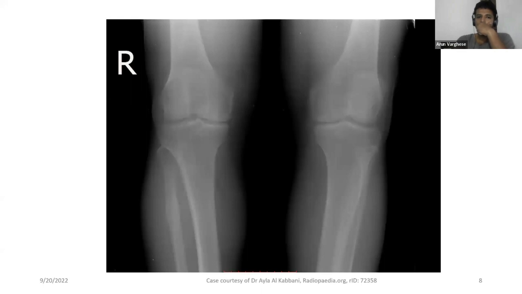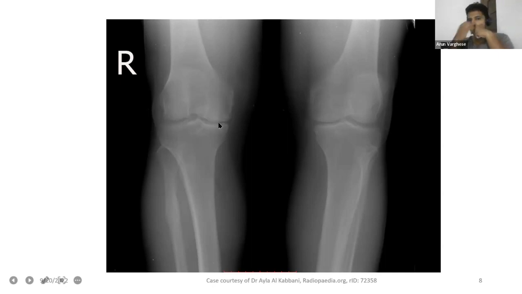So there are compartments in the knee, right? You are familiar with that. We have a medial compartment and a lateral compartment. In some cases, you can see the medial compartment joint space is reduced, whereas the lateral is not much.